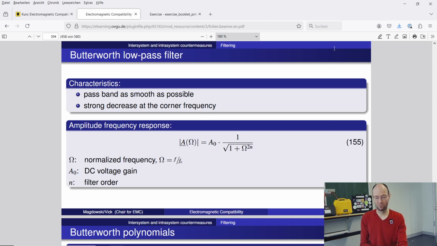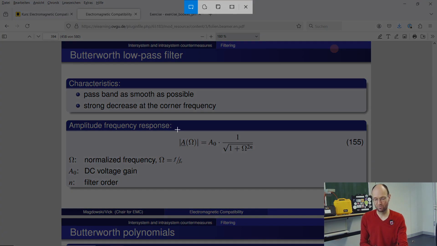Within this formula, we have some normalized frequency that is called omega. So that is not ohm, that is the frequency divided by the corner frequency. We have some DC voltage gain, and we have this filter order. So we could, of course, also use this formula.